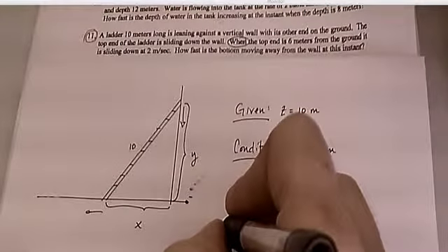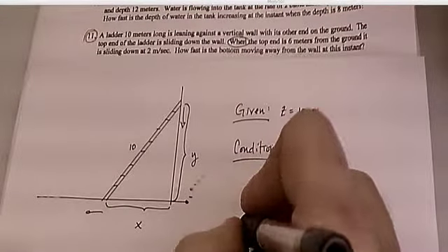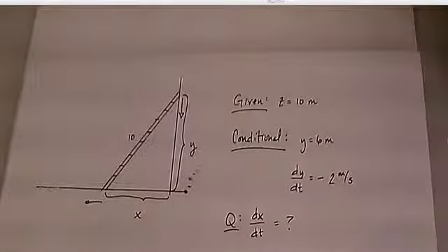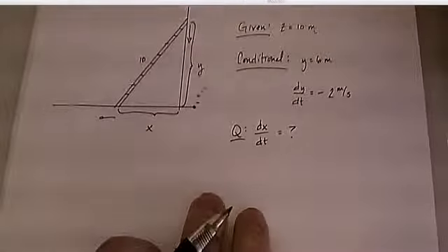Of course, I have to designate the question that's being asked: how fast is the bottom moving away from the wall at this instant? That is a question of dx/dt. We've read this enough times that we now know what's going on.